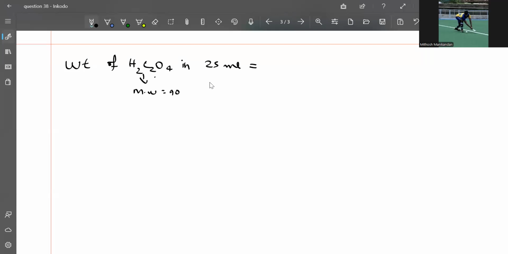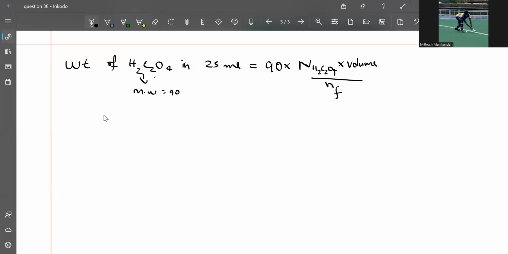So 90 multiplied by the number of moles of H2C2O4, which is the normality of H2C2O4 multiplied by volume, divided by n factor, because this will give me the number of moles.